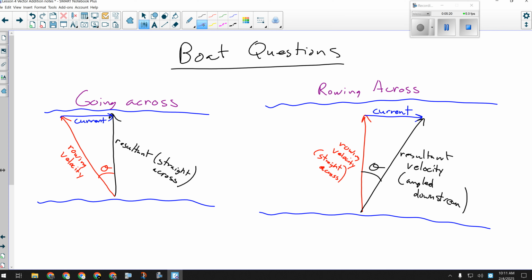In either one of these types of boat questions, you're likely going to be given the width of the river, so that would be this.